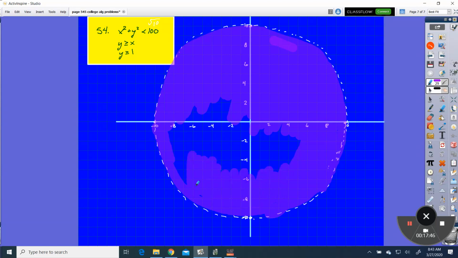There's the shade on the inside. My line's dotted because it's a less than. So there's my circle. Now it says y is greater than or equal to x. Well, that means we start at 0, we go up 1 over 1, up 1 over 1, up 1 over 1. And it's greater than or equal to, so that's just going to be a solid line.